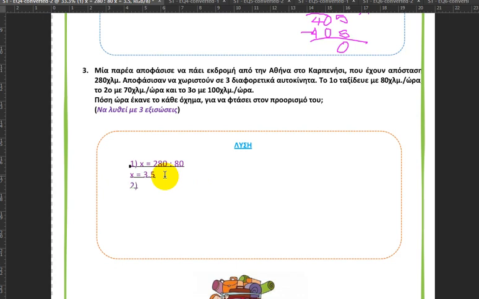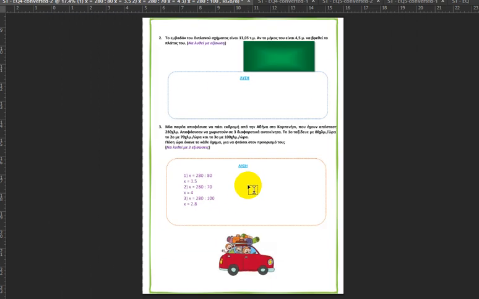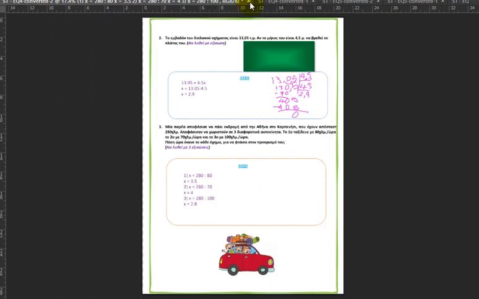Second one, x is equal to 280 again, this time divided by 70, which gives us x equals 4. So that one took 4 hours. Lastly, we have x equals 280 divided by 100, which gives us that x is equal to 2.8. So 2.8 hours, almost 3, a little less. All right, that's worksheet number 4 done.